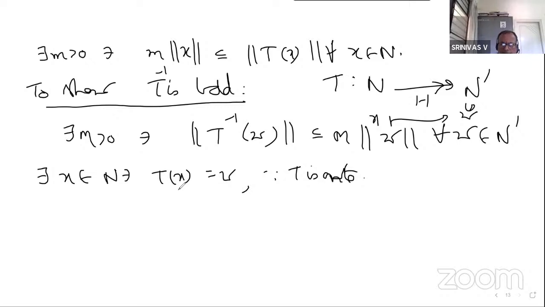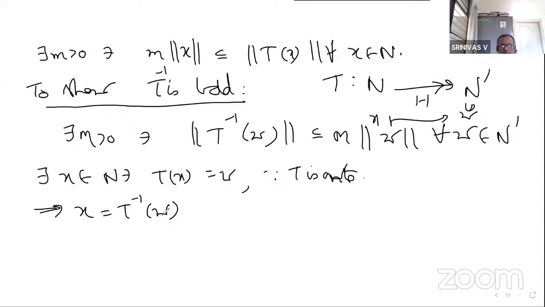Now for W substitute this. In this, for x you substitute this one. From here, what do you get? This implies x equals T inverse W. Because our T is 1 to 1, you can speak of T inverse W. That will be x only.